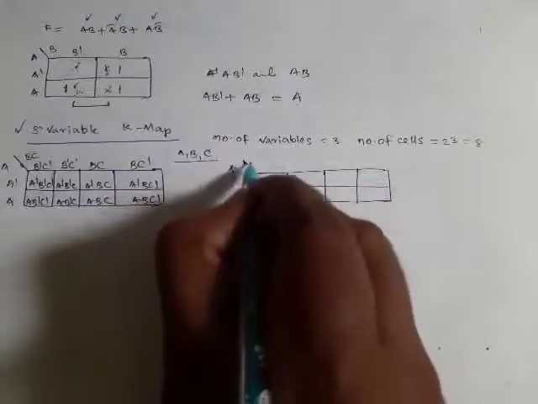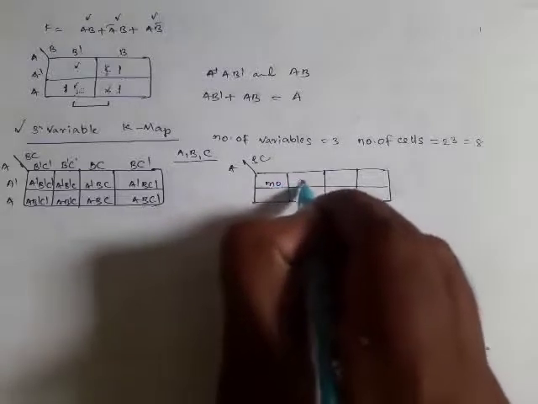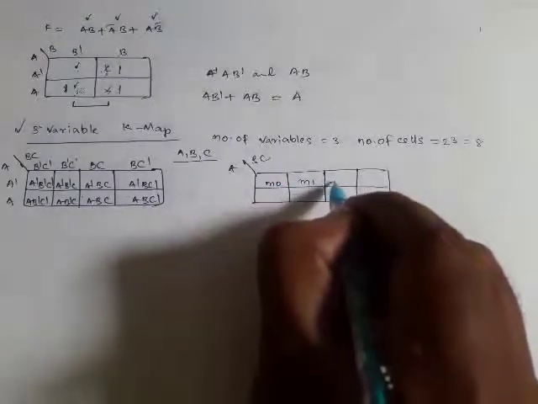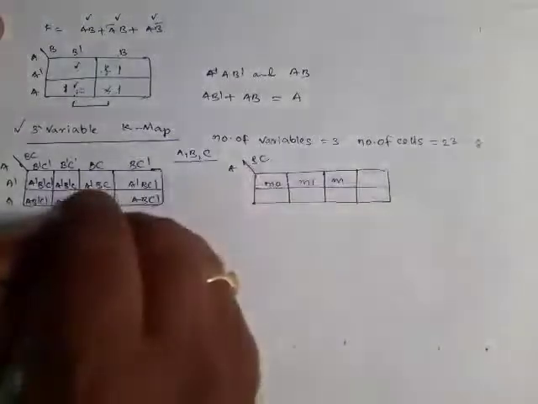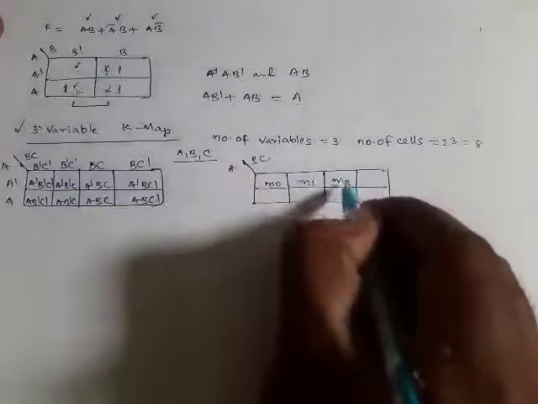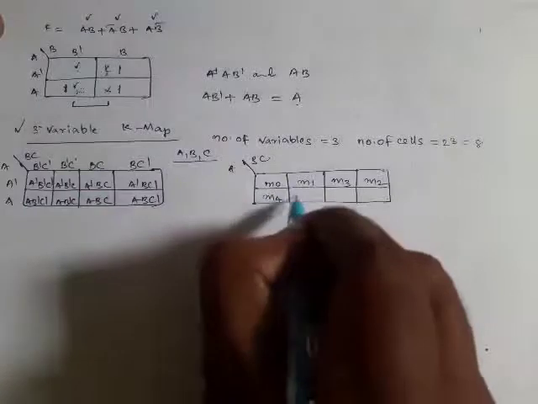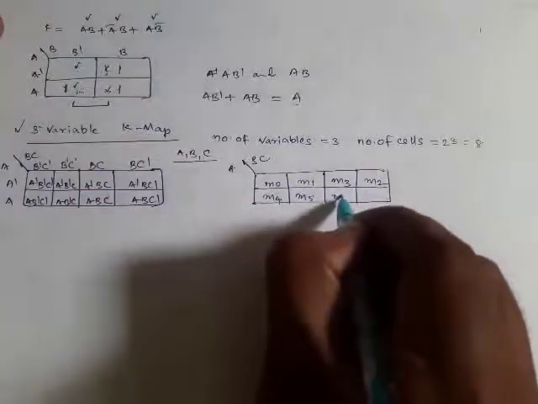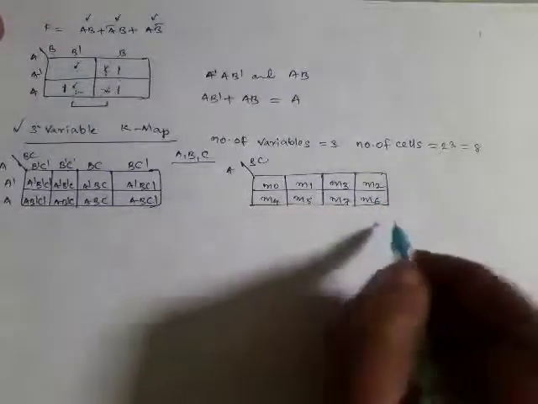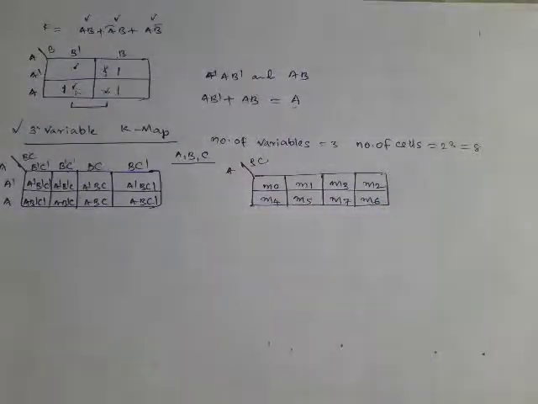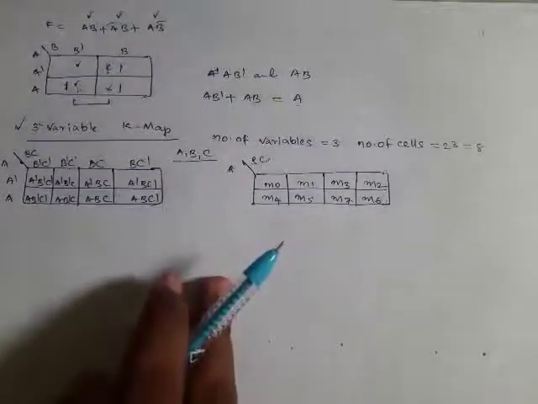So we say that it is ABC, 3 variables, so this is M0, M1, and this cell represents not M2 but it is 0 1 1, so it represents M3, and this represents M2, this is M4, M5, and M7 and M6. So 8 cells and the corresponding minterms are shown in the K-map.